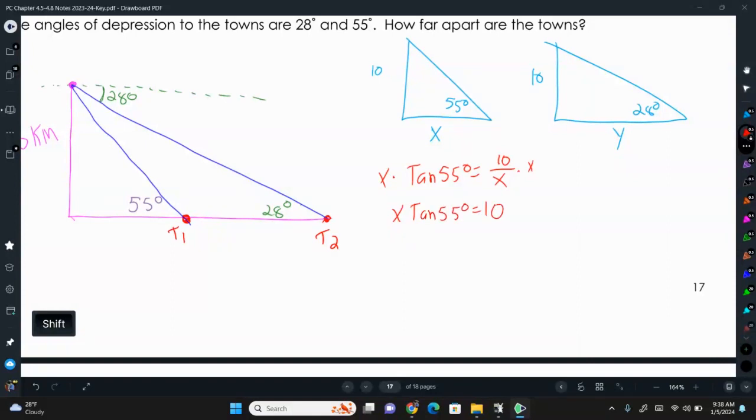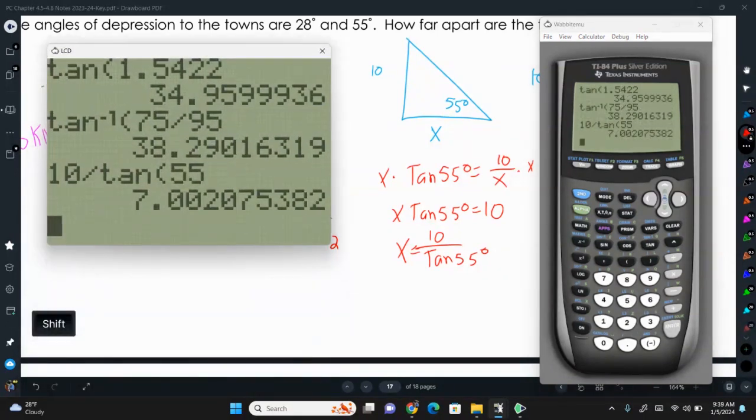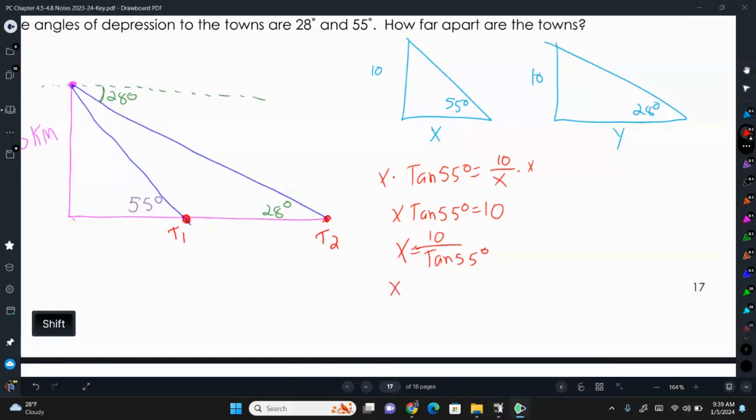Divide both sides by the tangent of 55. So 10 divided by tangent of 55. We get 7.002. So x equals 7. Just 7. We wouldn't round that up.